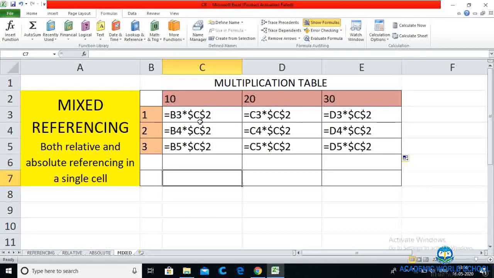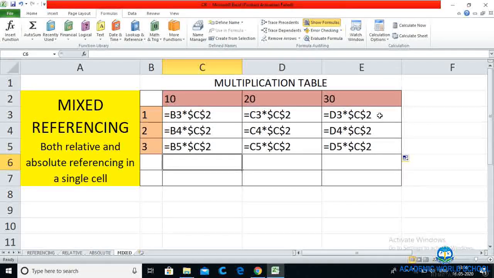Means this $C and $2 are not getting changed. But this 10 needs to be changed to 20 and then to 30. But it is not changing. It is fixed. $C$2, $C$2 and $C$2.